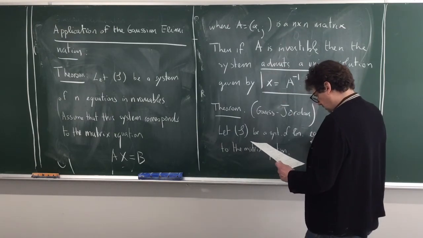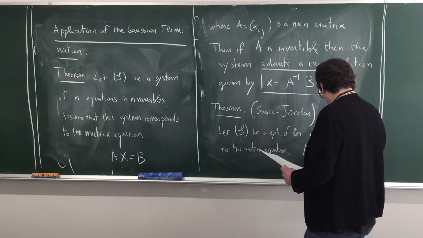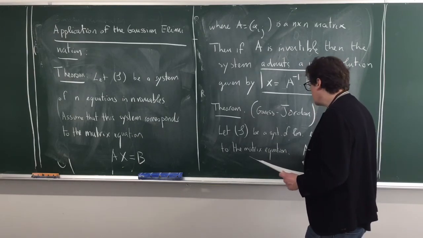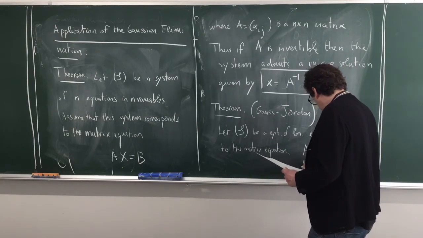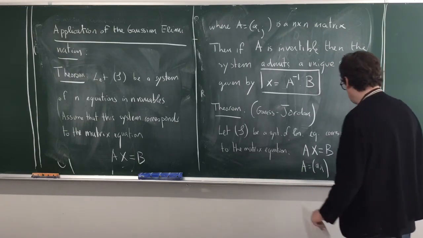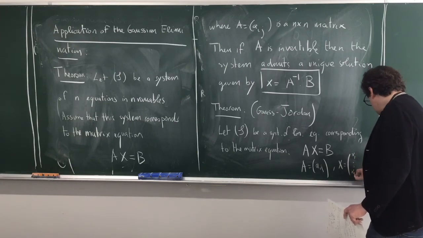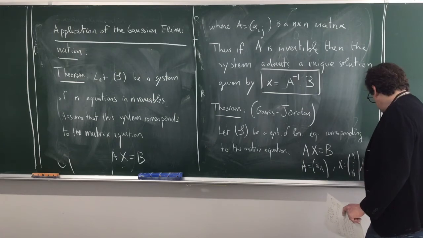So we are going to use the letters AX equal B. So here A will be a matrix with entries A_ij, and X is X1 to Xn, and B equals the column vector B1 to Bn.